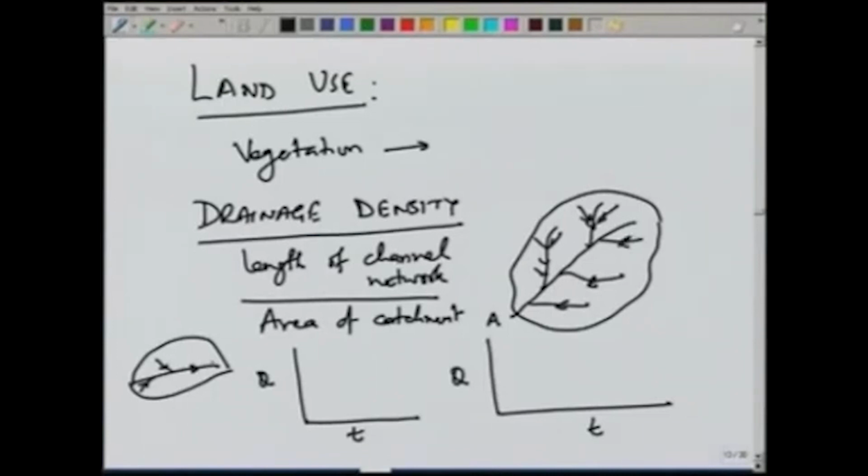Now, a smaller drainage density means that most of the flow will be overland flow, and higher density means that most of the flow will be through the streams. So, it will reach the point A faster, and the peak also would be affected by the drainage density in the area.